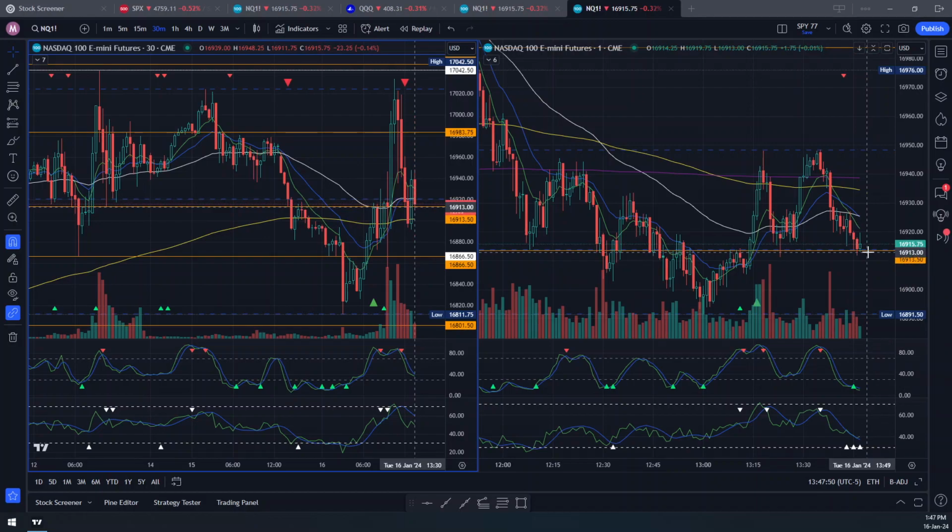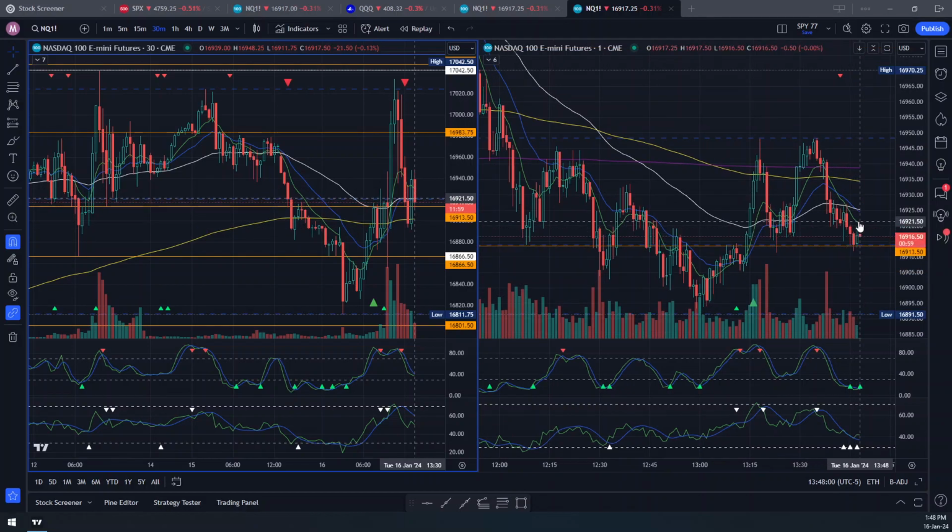But my problem with this type of trade, the reason I cannot take it personally, is that I wait for confirmations. I cannot see anything that tells me that the trend has turned. I cannot see this going over the 9 EMA. I cannot see 9 crossing 20. I would not be comfortable taking this trade without getting some other type of confirmation.